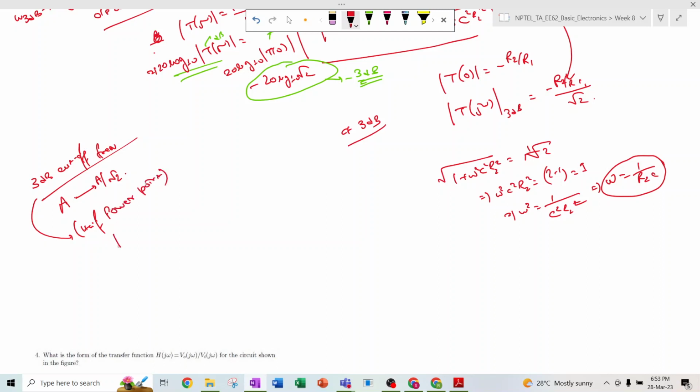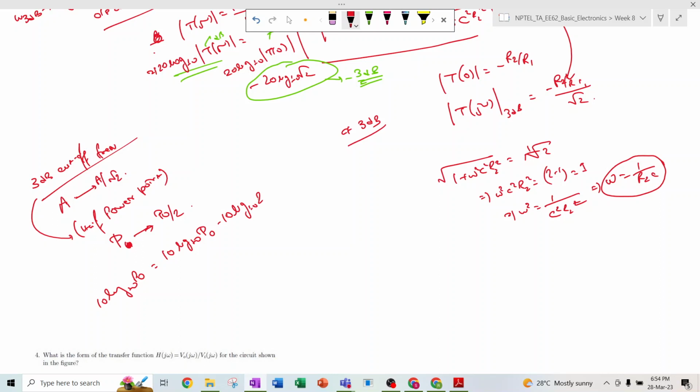Half power point means, suppose there is some power P0 at omega equal to 0, it will fall to P0 by 2. Why? Because if we do 10 log 10, the power P becomes P0 divided by 2. So this is 10 log 10 P0 minus 10 log 10 2.